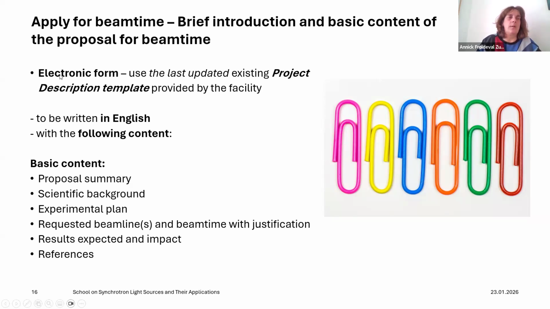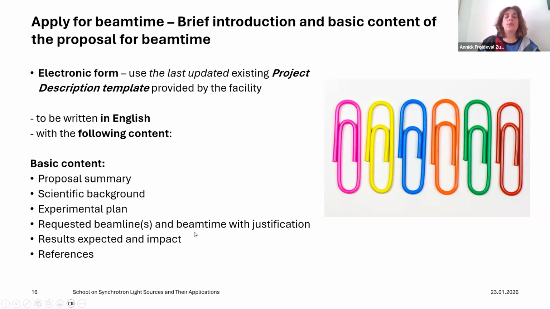Your proposal needs to be written in English with the following content that is described on this slide, which I will try to explain in more detail in the next slide. So the basic content of the proposal is the proposal summary, the scientific background, the experimental plan, the requested beamline or beamlines, depending on which needs you have, with a Beamtime justification.